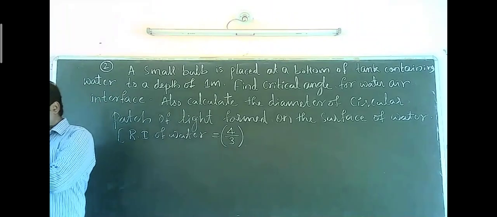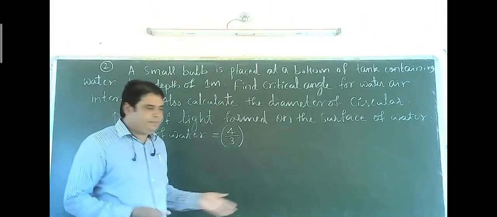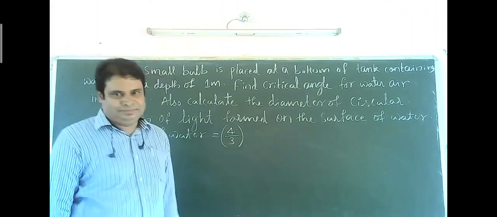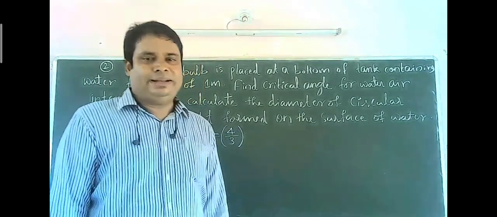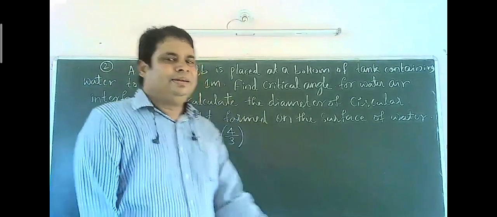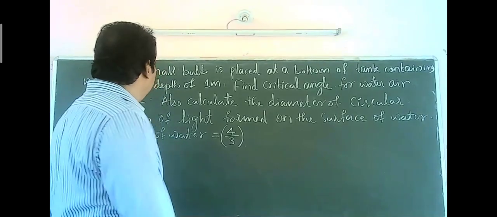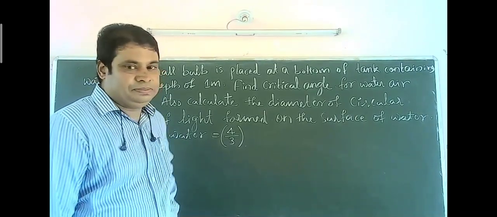Instead of giving 1.33, we are given the value in the form of 4 by 3. What exactly is the question? Please see the problem carefully. A small bulb is placed.